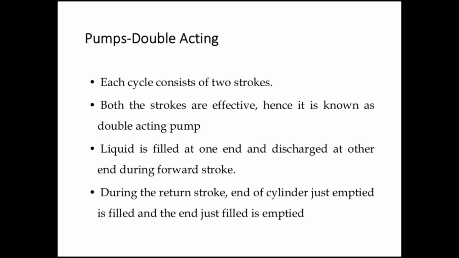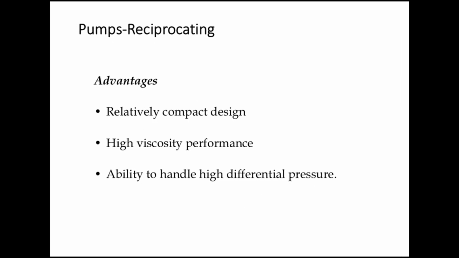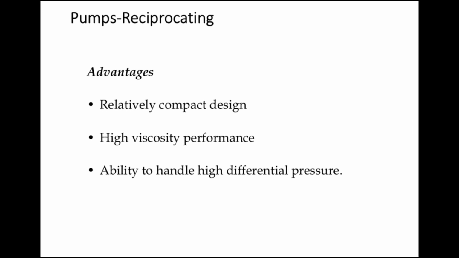During the return stroke, the end of the cylinder just emptied is filled and the end just filled is emptied. Reciprocating pump advantages: relatively compact design, high viscosity performance, and ability to handle high differential pressure.